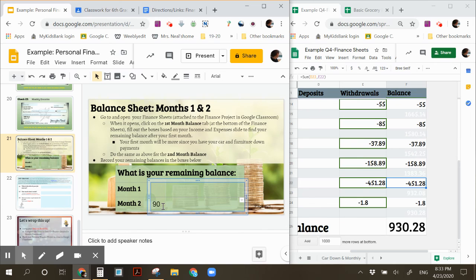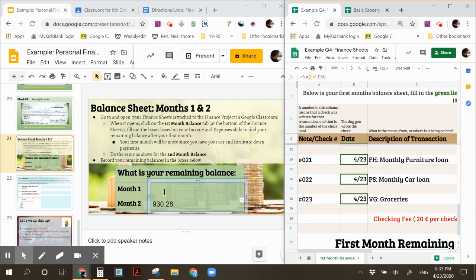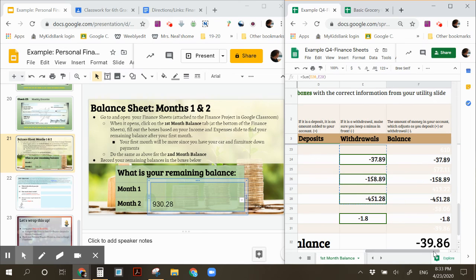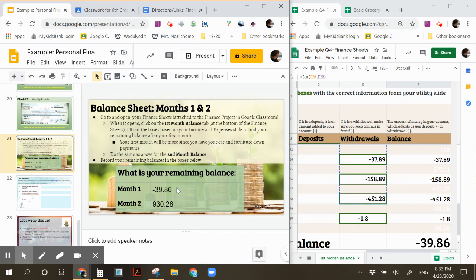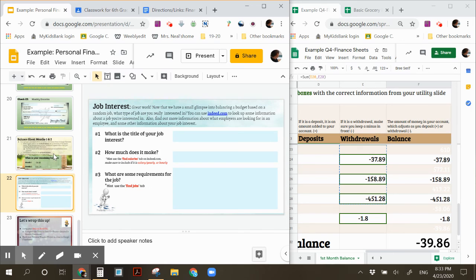I had $930.28 left over at the end of the second month. And at the end of the first month, I was in debt negative $39.86. Okay, so I don't need to record this on any other slide at the time. I'm going to scroll down to my next one and complete that.